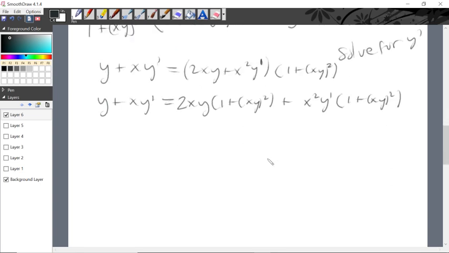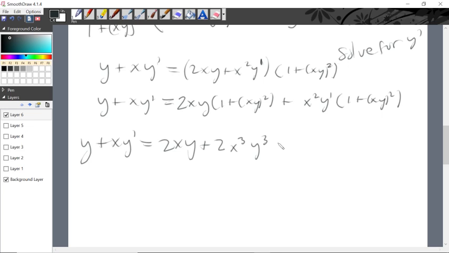So I want to isolate the y prime terms. Okay, so we have y plus xy prime on the left. On the right, let's see, we have 2xy plus 2 times, this would be x to the third, y to the third.